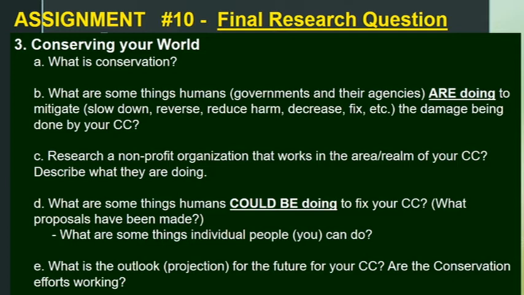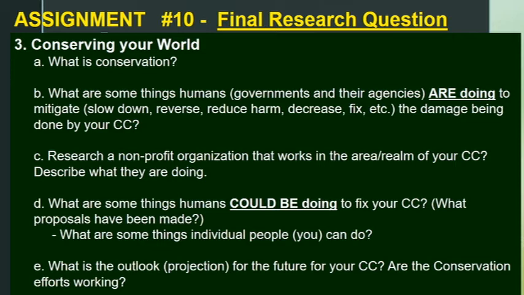These are organizations that survive solely on donations and maybe grants from the public sector or governments. So find one that is working in the area of your conservation challenge, trying to fix it, and tell me what they're doing.